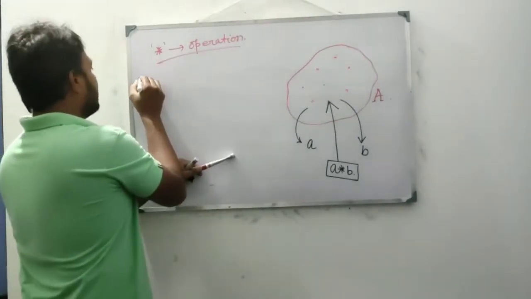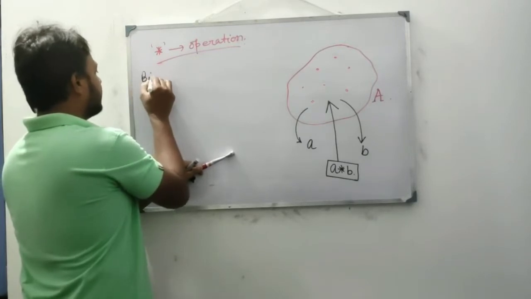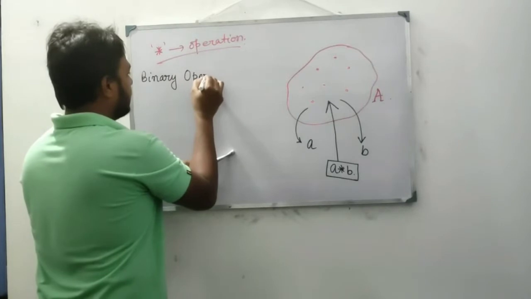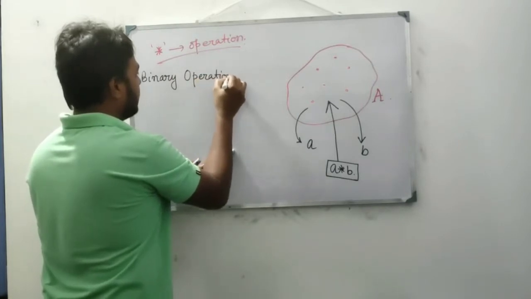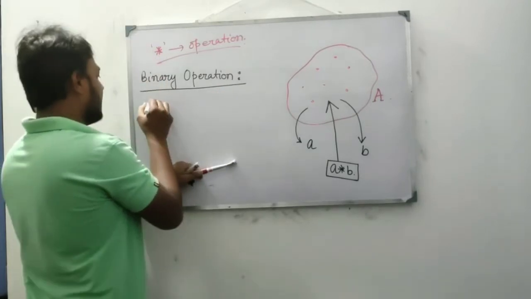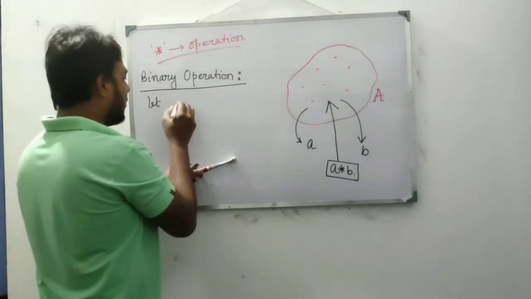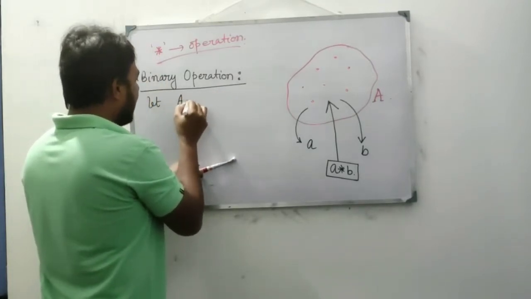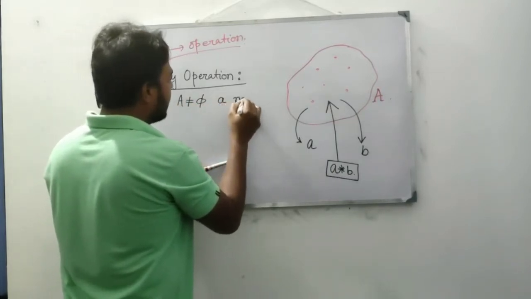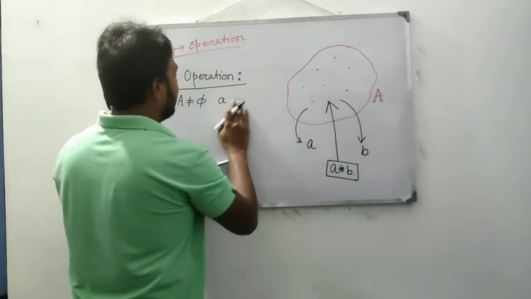Definition of binary operation: Let A not equal to phi, a non-empty set, be a set.